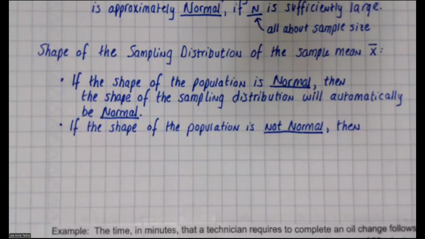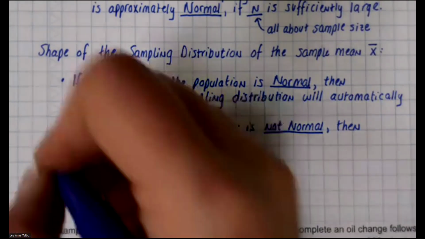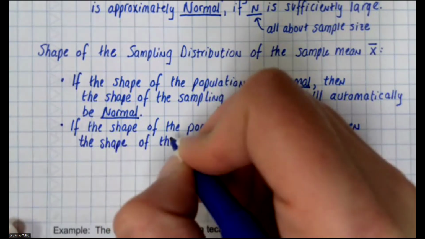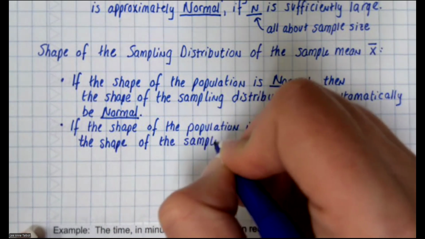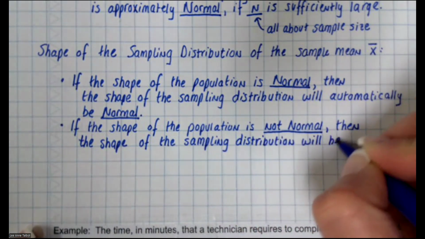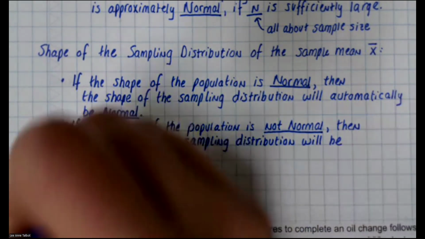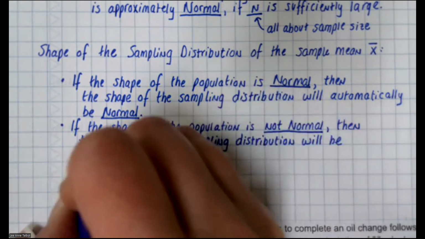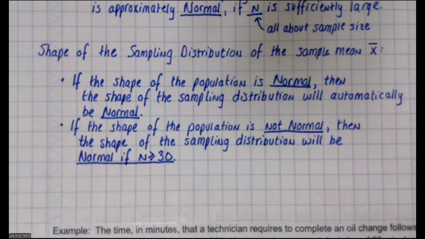The shape of the population is not normal, like that skewed one that I put up there. Everyone in the whole world that does stats pretty much agrees on 30. 30 is the sample size necessary to be normal if the shape is terrible.